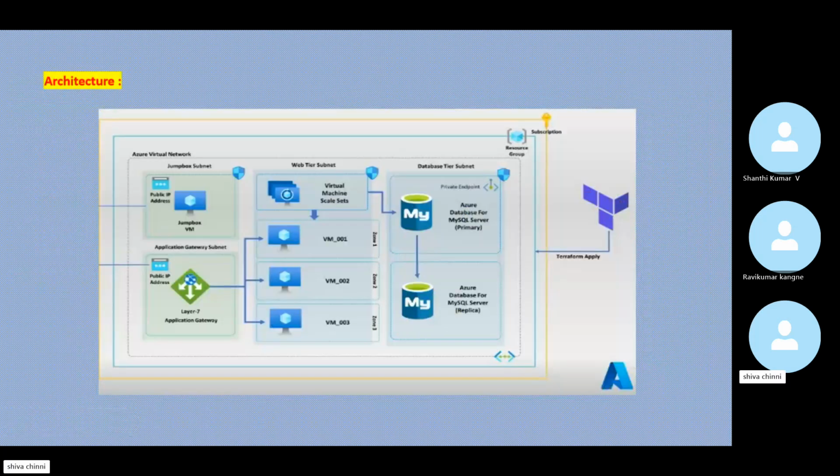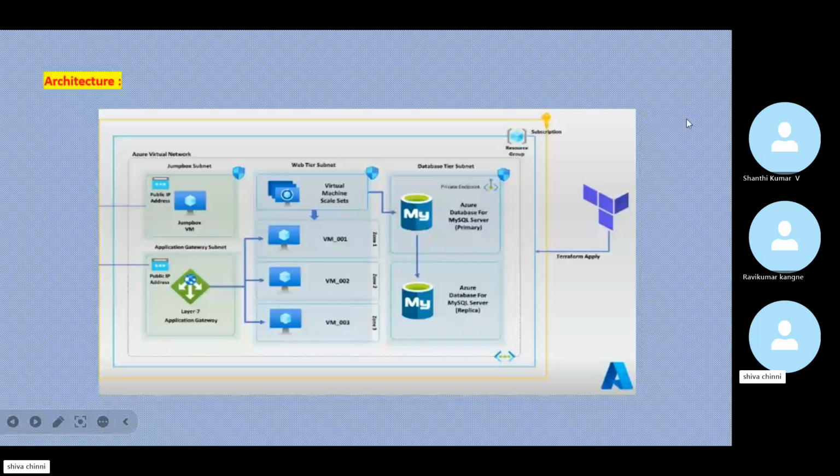So this is our architecture, a 2-tier architecture, where this is my subscription. Under this subscription, we have a resource group. This resource group will have all the resources, whatever infrastructure we create will come under the resource group.